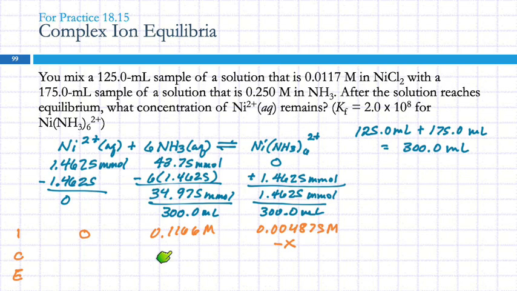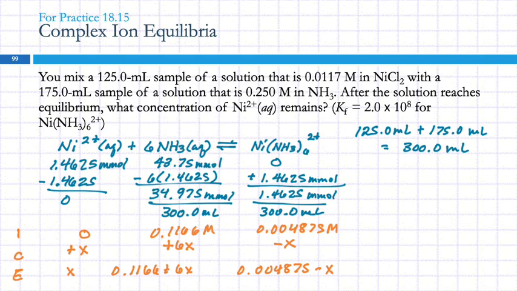What's the change for this one? Plus 6x. And the change for nickel? Plus x. So then we end up with x, 0.1166 plus 6x, and 0.004875 minus x.